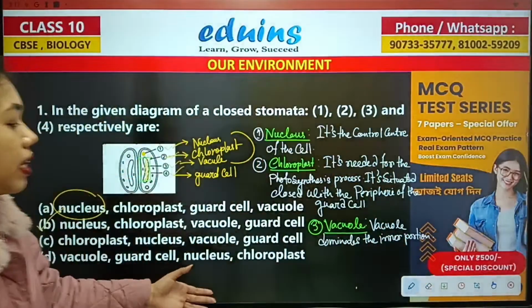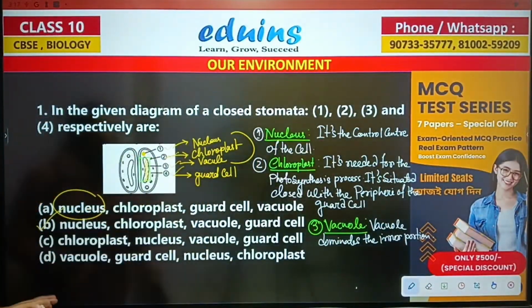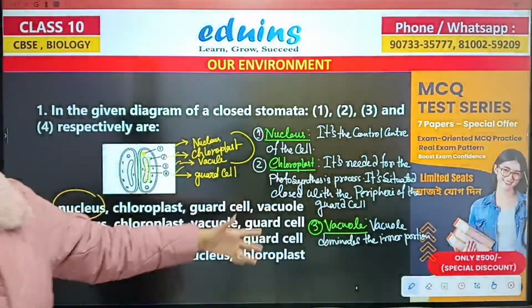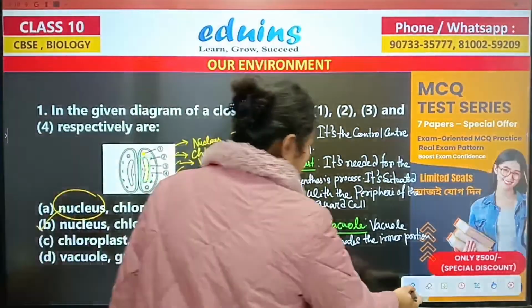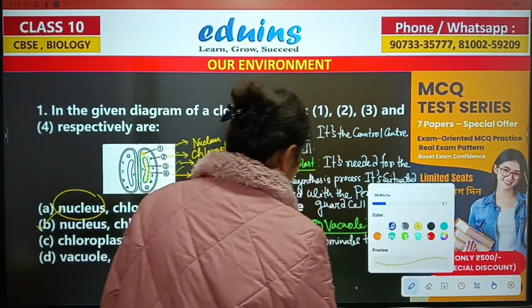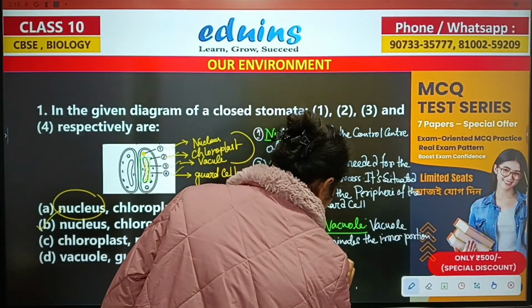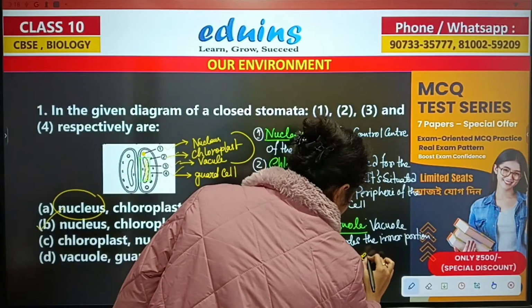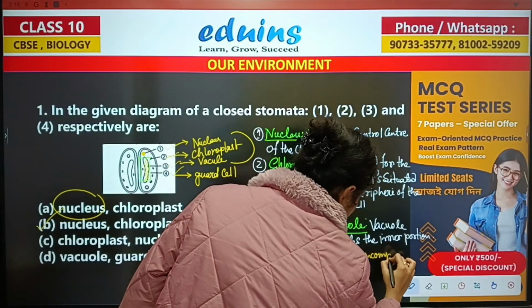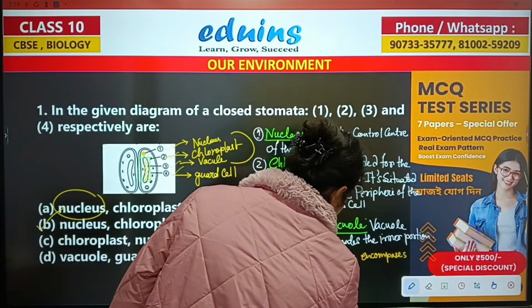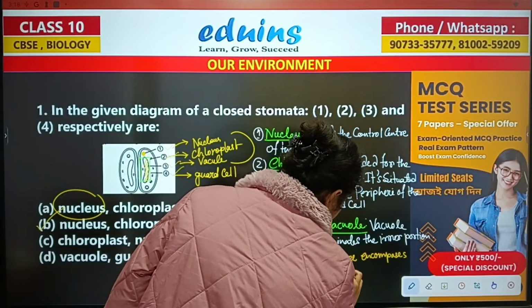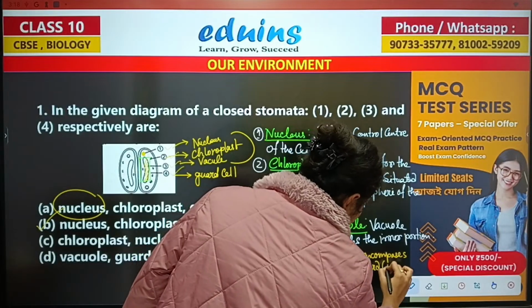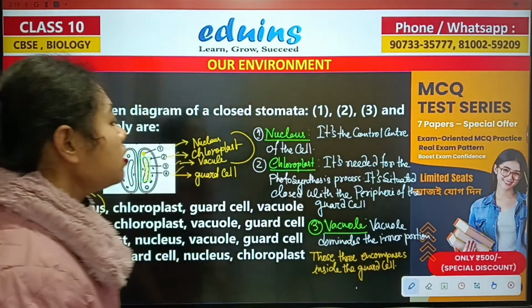Okay, vacuole dominates the inner portion, and those three, the nucleus, chloroplast and vacuole, are enclosed inside the guard cell. So this is the answer.